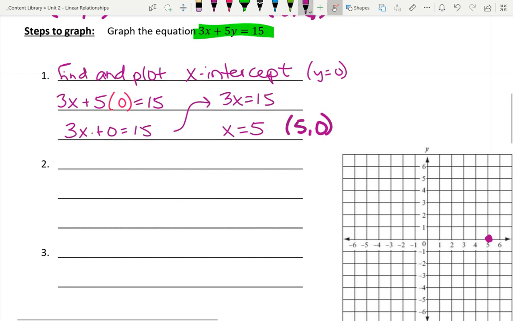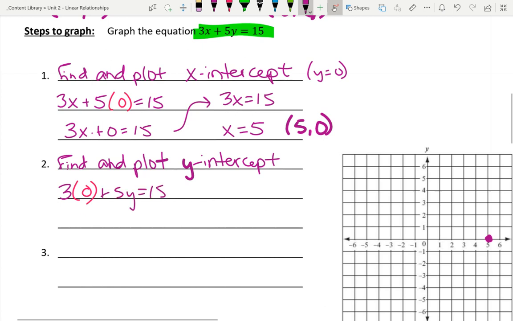Our next step is pretty similar, except this time we're going to find and plot the y-intercept. So this time when I rewrite it, instead of setting y equal to 0, I'm going to set x equal to 0. So 3 times 0 plus 5y is equal to 15.